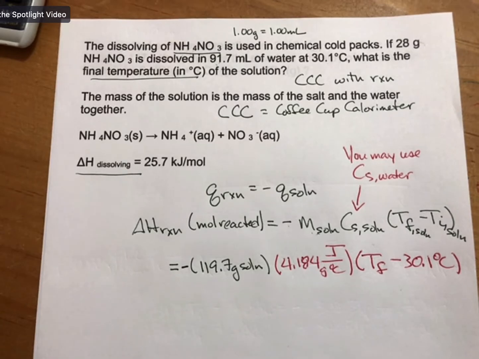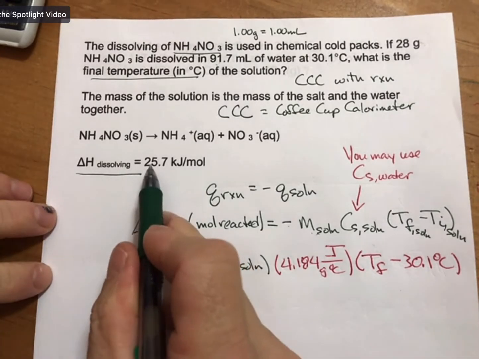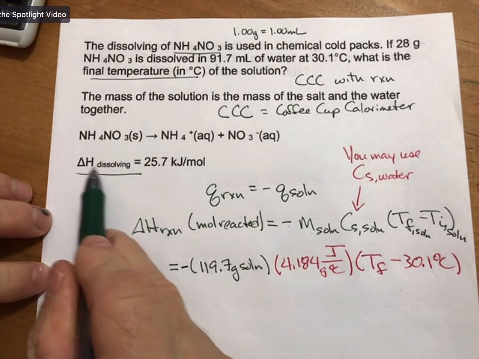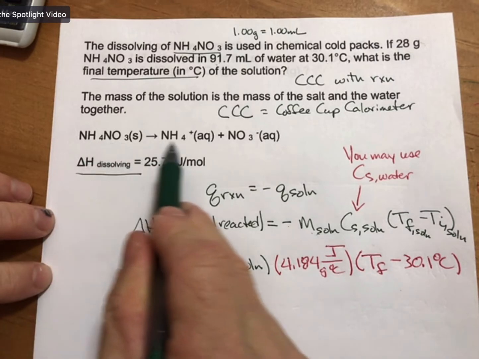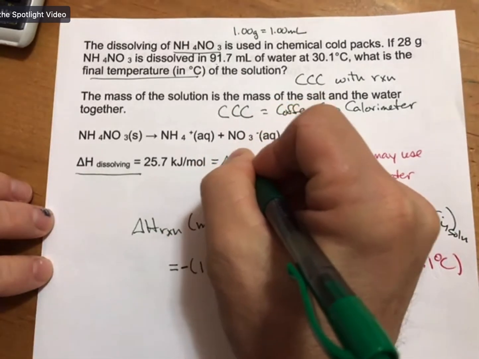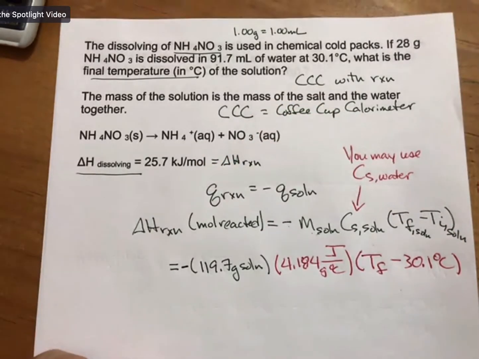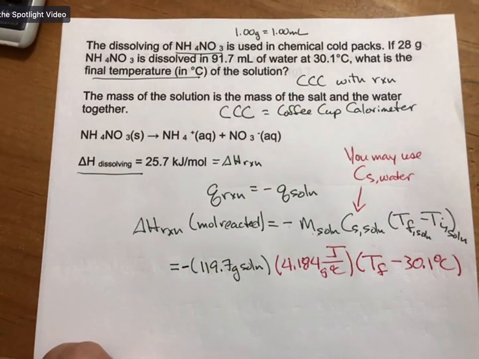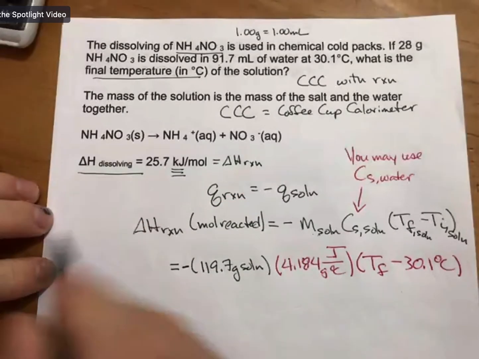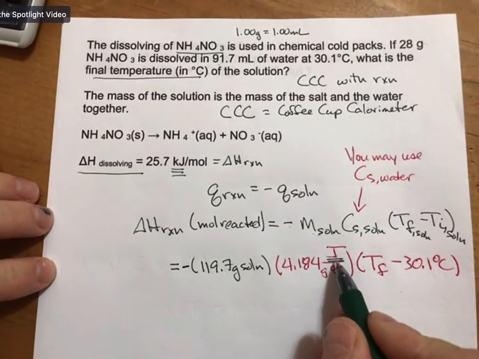Okay, now I do know my delta H reaction. It's called delta H dissolving here, but that's only because this is a dissolving reaction. If we don't know what kind of reaction it is, I just call it delta H sub Rxn. You'll note that it's in kilojoules per mole, and that over on the right-hand side, we have joules per mole.